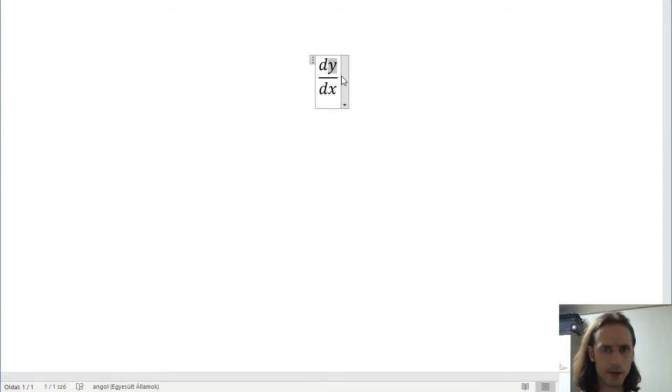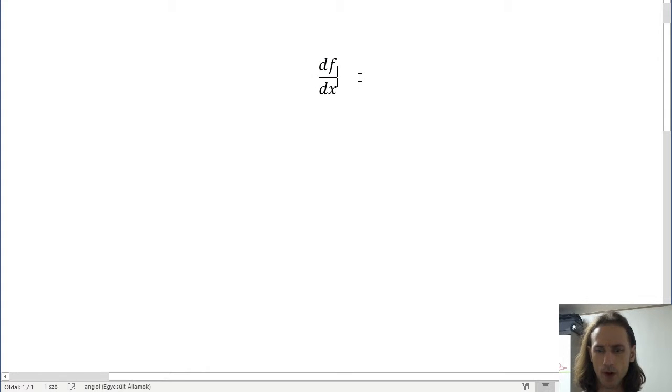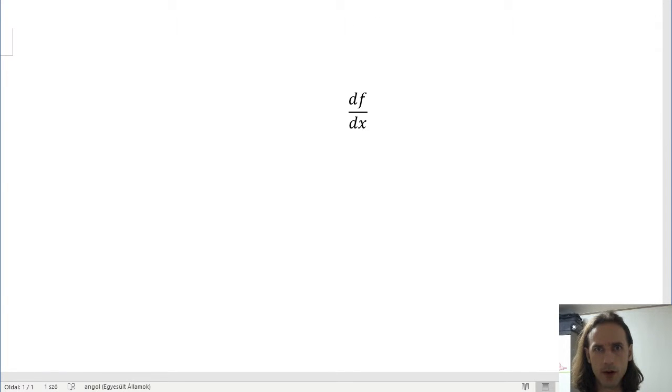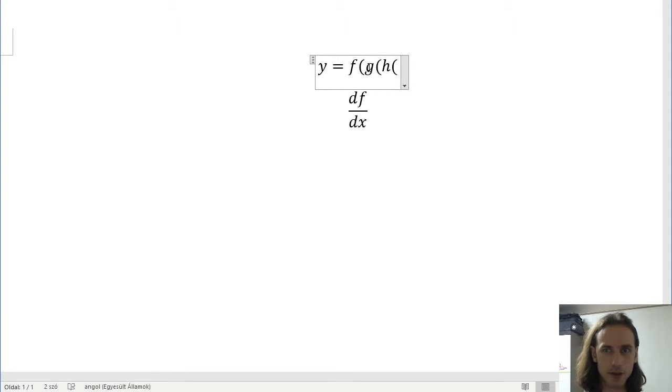So we could write that like this: the final y is going to be some kind of function of another function of another function, f, g, h, j, k, l, and there is our input x.